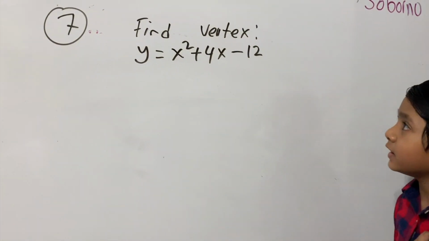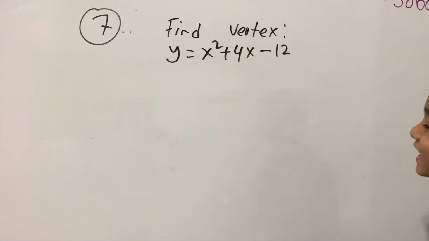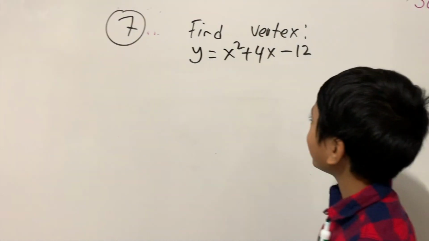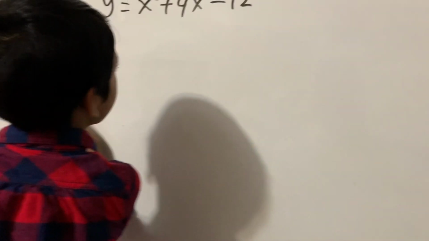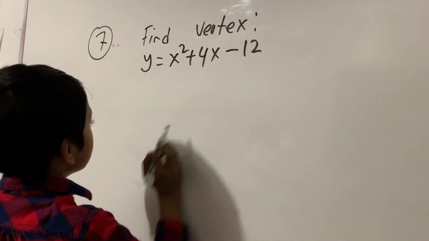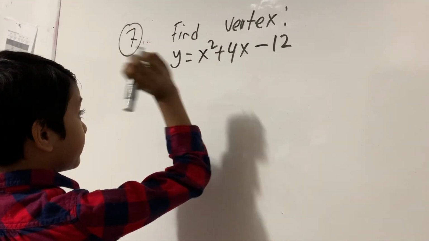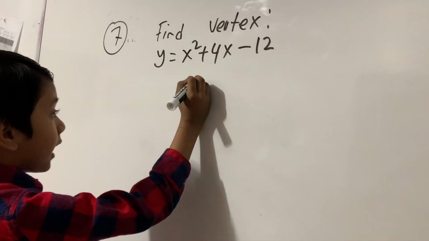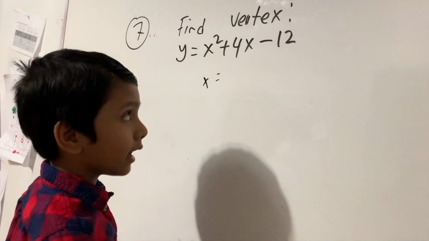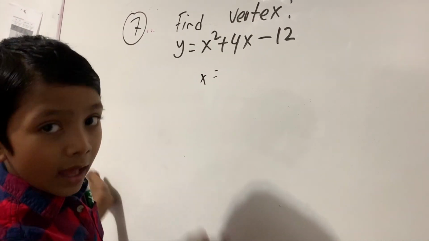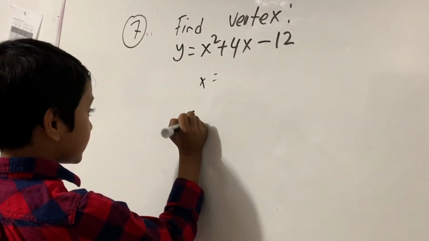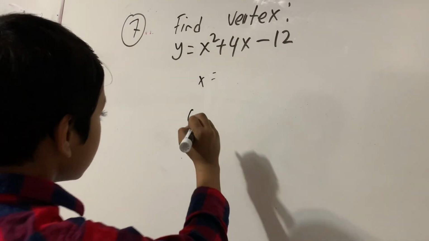Number 7. Find the vertex of y equals x squared plus 4x minus 12. So first it just starts with a simple equation.